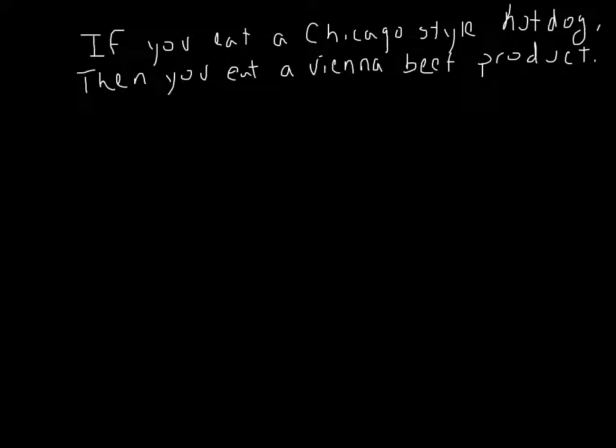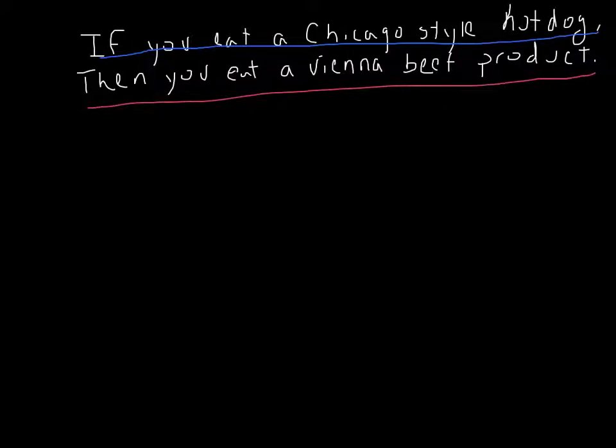I'm just going to underline on here. Hopefully you got the hypothesis: if you eat a Chicago-style hot dog. What's the conclusion? Then you eat a Vienna beef product. There's your hypothesis. There is your conclusion.